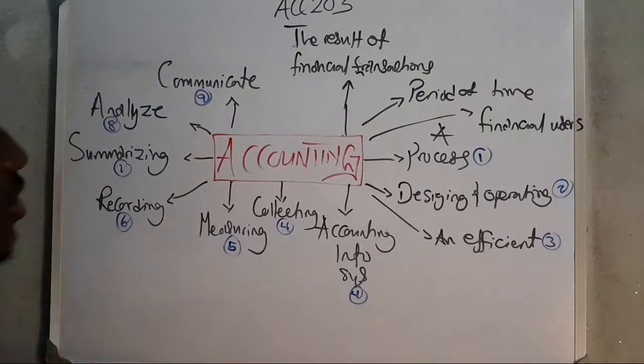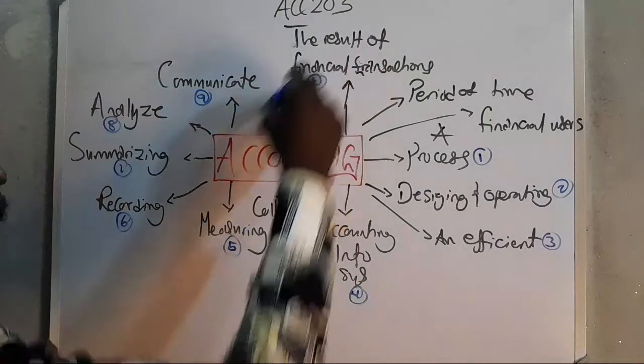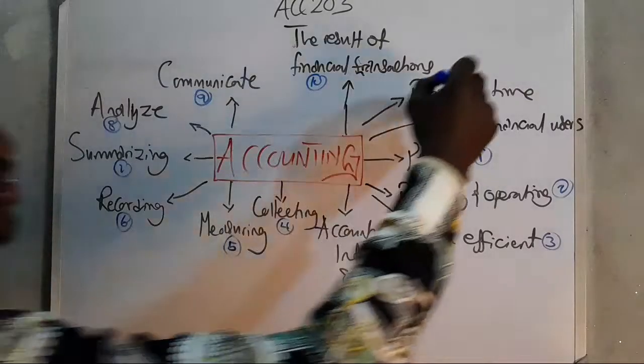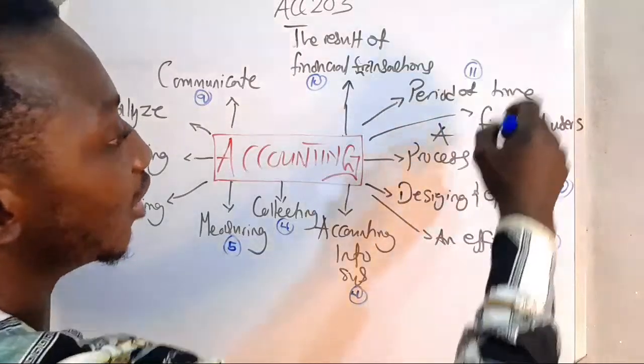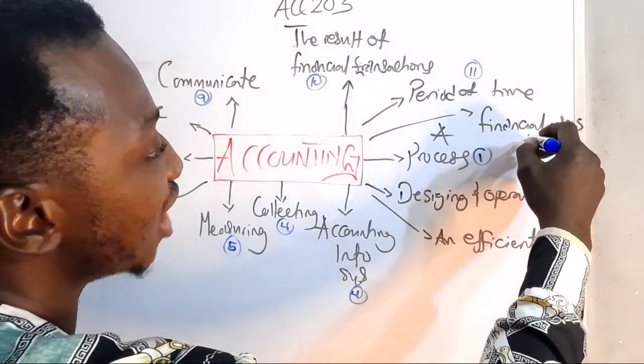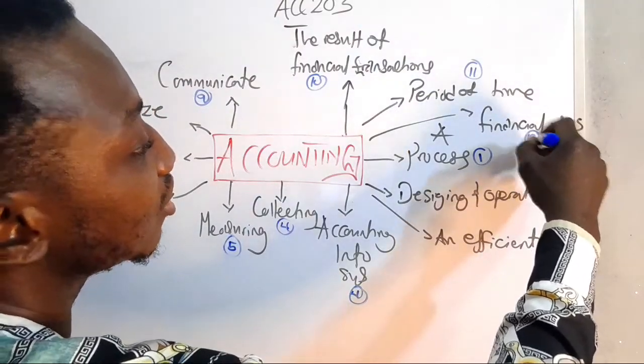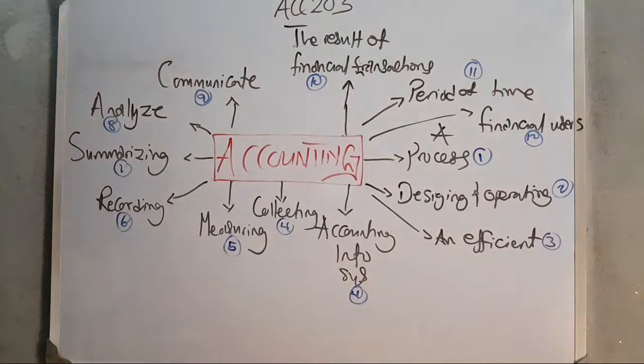What are we communicating? Results of financial transactions within a particular period of time, to who? Financial users, so that they can make informed decisions.